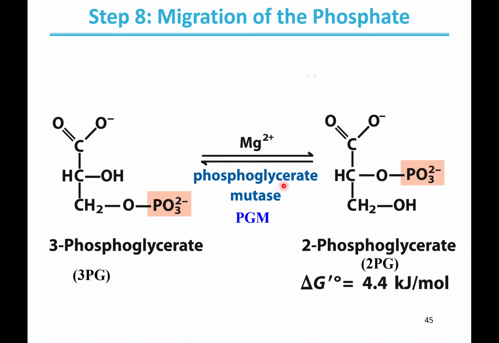And this enzyme that catalyzes this is phosphoglycerate mutase, or PGM. Right. This is an isomerization reaction, although it's sort of more of a group transfer when you look at the mechanism, but you can think of it as an isomerization because of the net result of going from the reactant to the product.